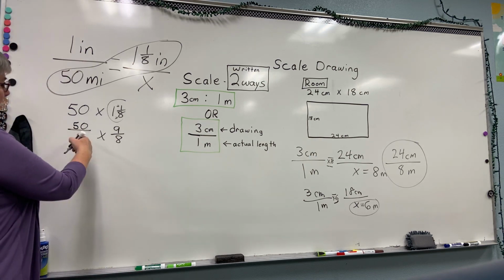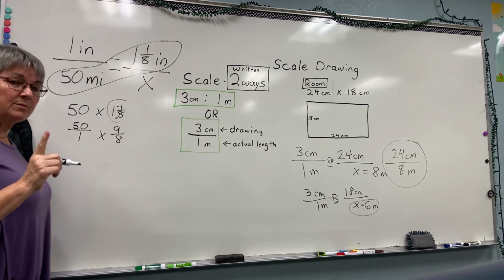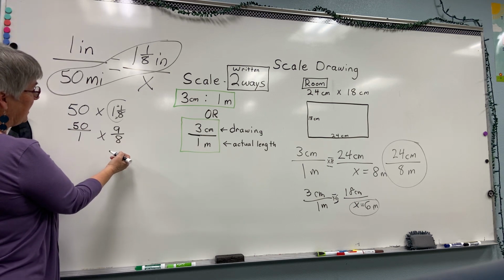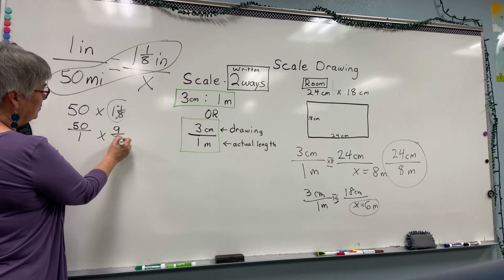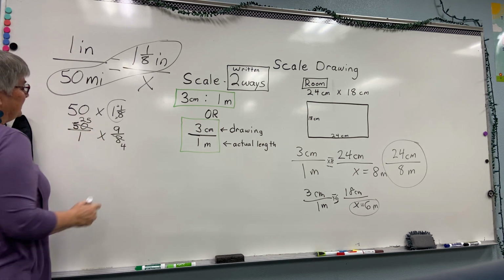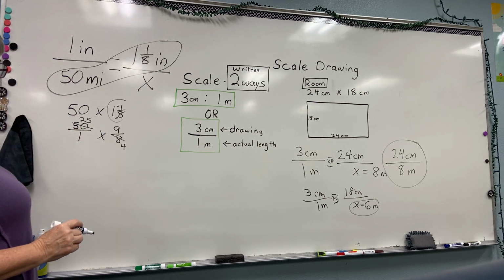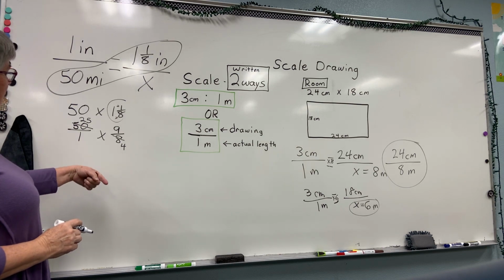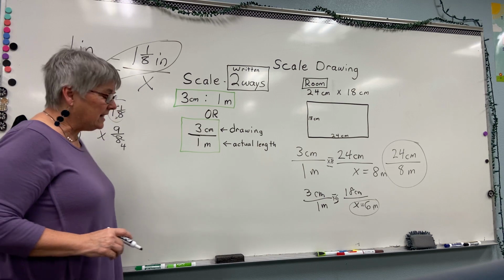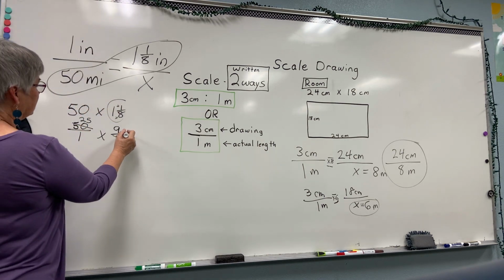All right, so now I'm ready to, I'm not going to multiply yet because I can cancel out. 8 divided by 2 is 4. 50 divided by 2 is 25. Okay, so we have that. Can we cancel out anything else? No, we cannot.